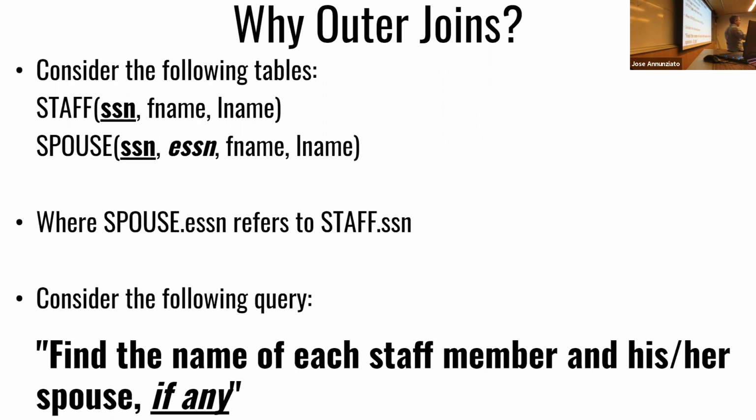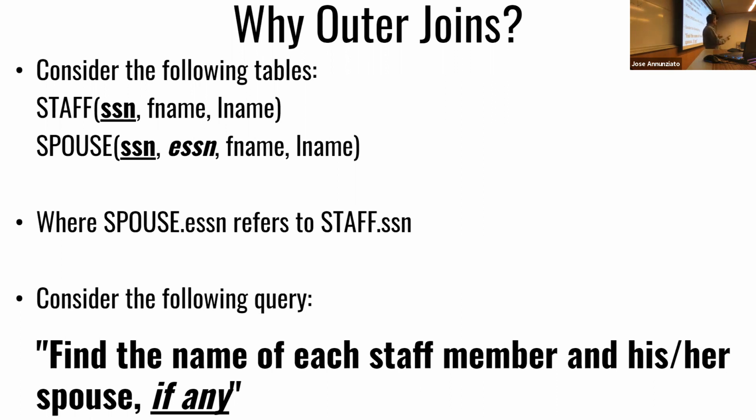Notice that in that join, it will only return to me those staff that actually have a spouse. All the other staff that don't have a spouse would fail that join. That means those that don't have a spouse would not be invited. So in those types of queries, you might want to retrieve the information even if they don't meet a particular join. Make sense?